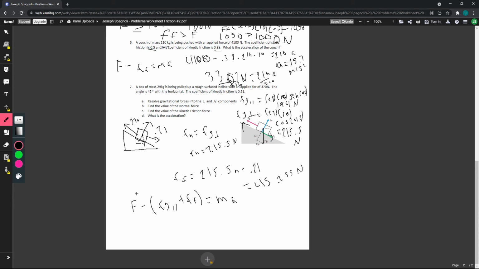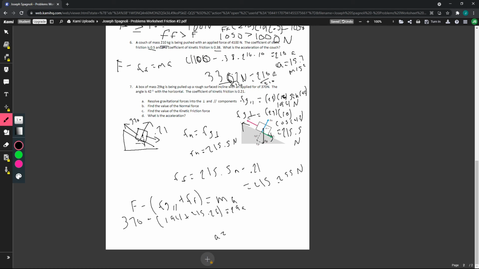Again, we have big force minus little forces, because there's two, and we set that equal to ma. So now we know the big force is 370 newtons minus force of gravity parallel, which we found to be 194, plus force of friction, which we found to be 45.26. That's equal to 29a.